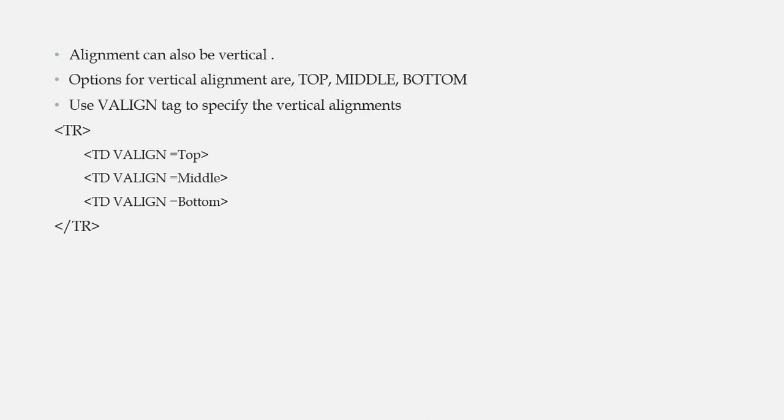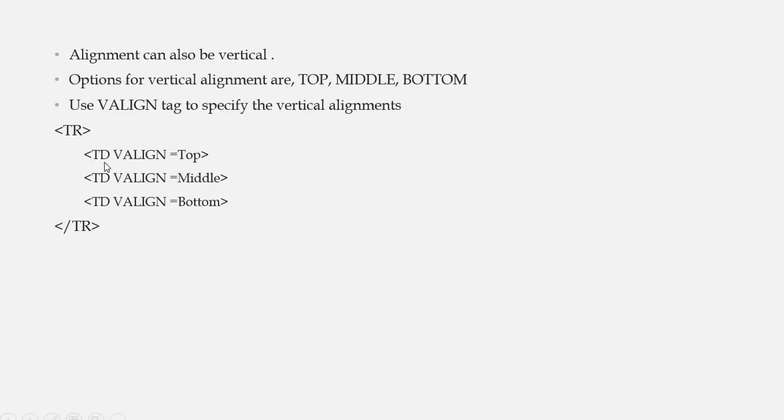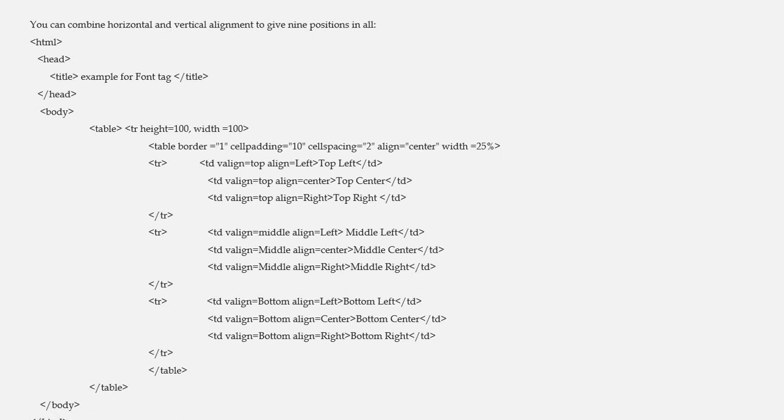For horizontal alignment you just specify align, whose value specifies horizontal alignment. For vertical alignment we use the attribute valign. See, this is the example for the vertical alignment.